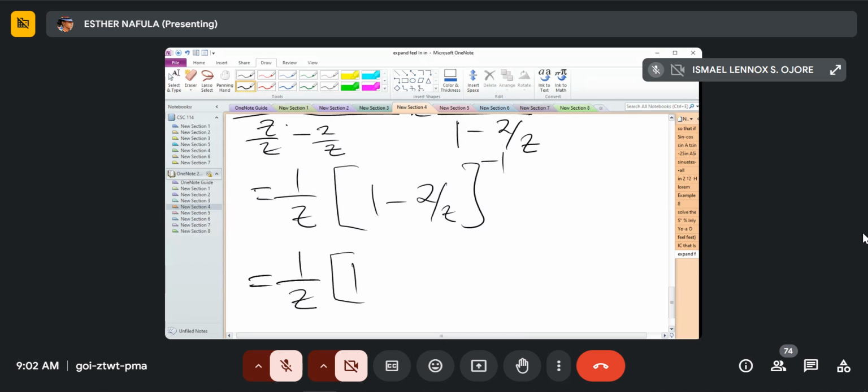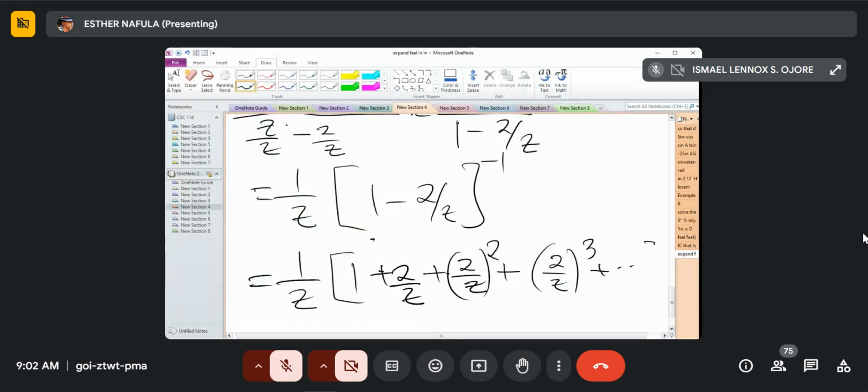Plus 2 over z, plus 2 over z all squared, plus 2 over z all cubed.